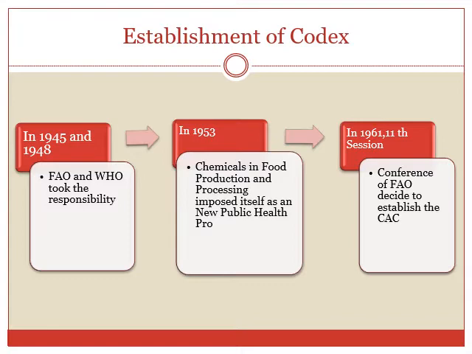At the World Health Assembly held in 1953, it was confirmed that the broad usage of chemicals in food production and processing imposed itself as a new public health problem that required special attention. At its 11th session held in 1961, the Conference of FAO decided to establish the Codex Alimentarius Commission.